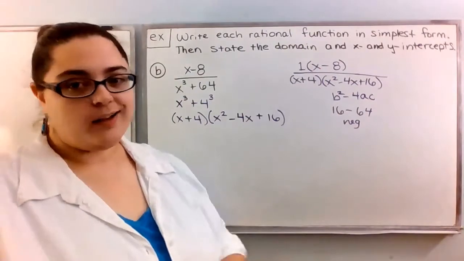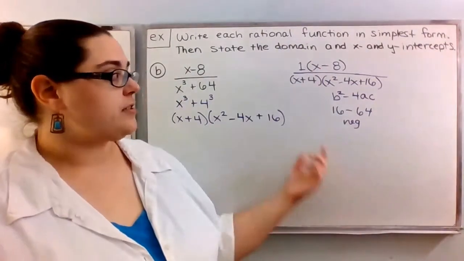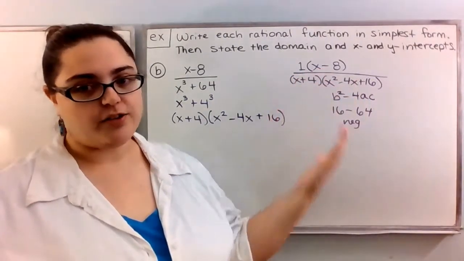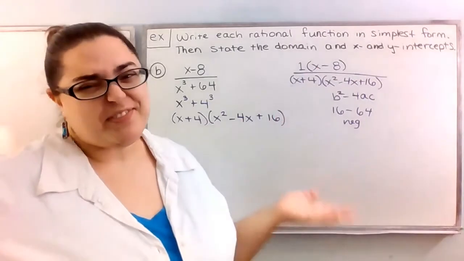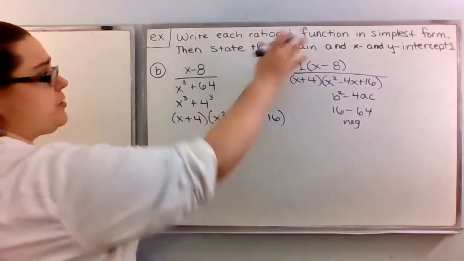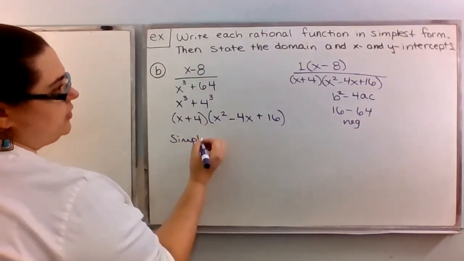So it looks like none of the factors cancel because the only one up top is an x minus 8, and we didn't get that in either of the factors for the bottom. So this function was already in simplest form. So for that first part in simplest form, you could give either answer.